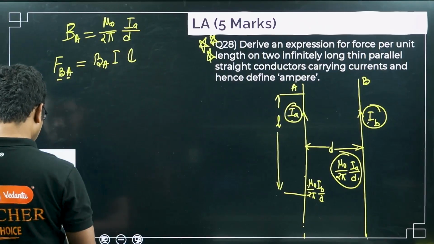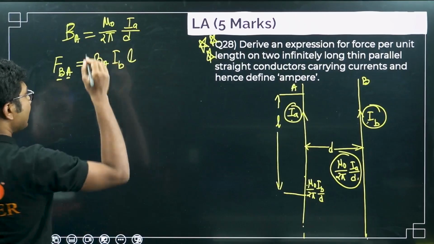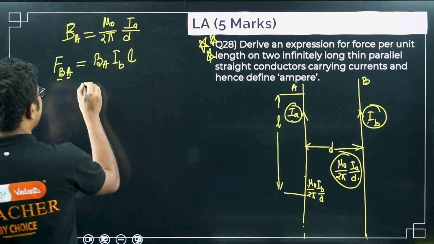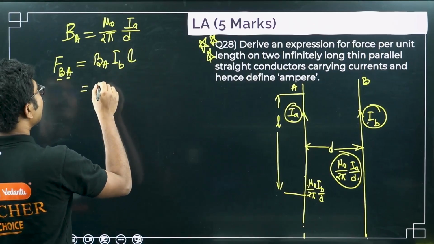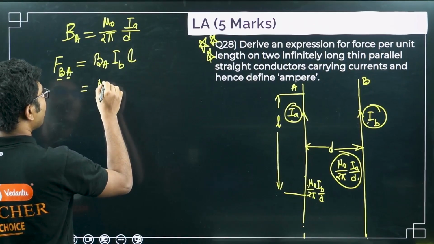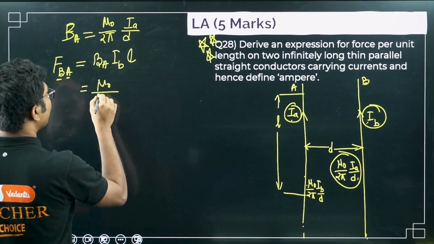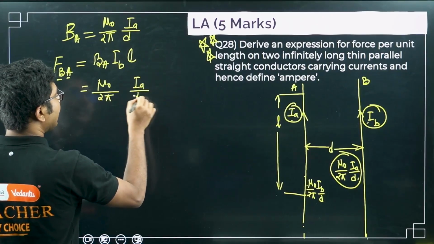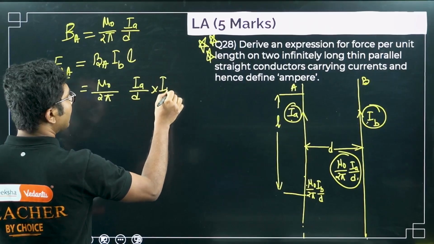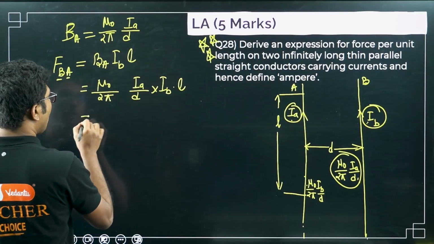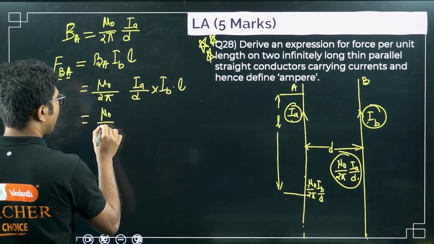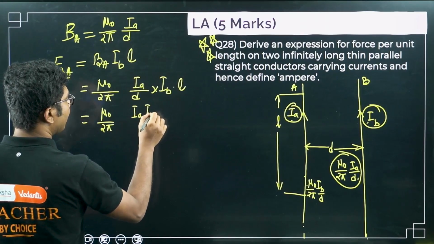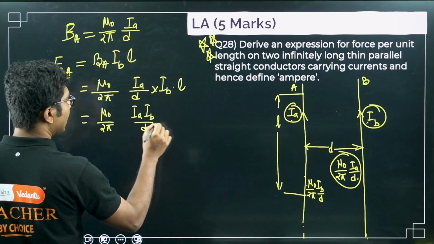We are considering the length to be small l, so B I L. This is the force on B due to A. Putting the value of BA, it is mu naught by 2 pi, IA by D, times IB, times L, or mu naught by 2 pi, IA IB by D, times L.